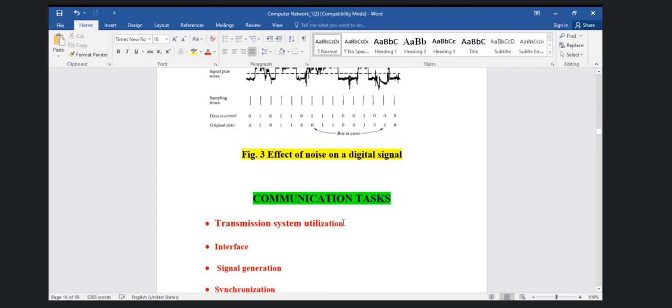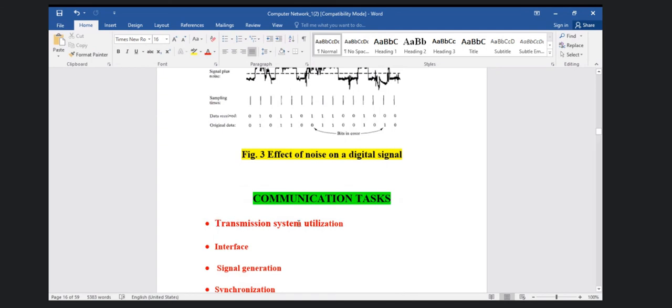There are two types of multiplexing systems, analog and digital. In analog, multiplexing is known as time division multiplexing, frequency division multiplexing, and in digital it is known as multiple access: CDMA, FDMA, that means code division multiple access, frequency division multiple access systems.